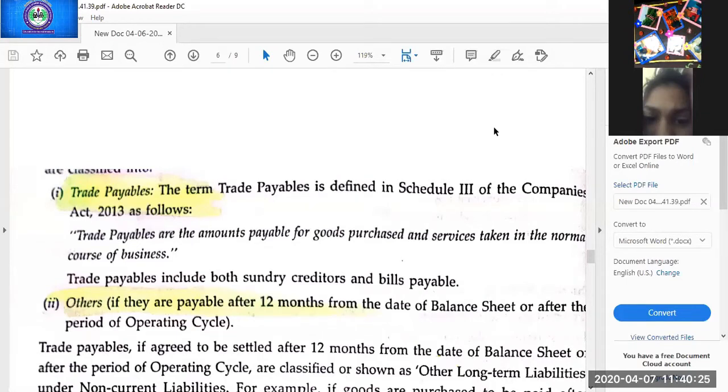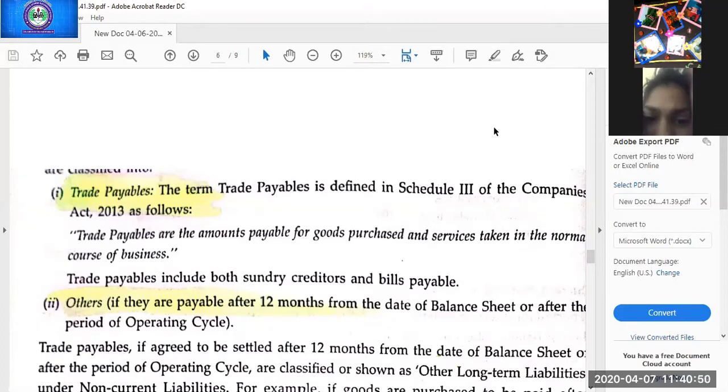Normally trade creditors and bills payable are examples of current liabilities. But if a time period is mentioned with them, suppose trade payables payable after 3 years, it means they will be paid after 3 years. So now it is not part of the current liability. Now it has become a non-current liability, and the subhead will be other long-term liabilities.